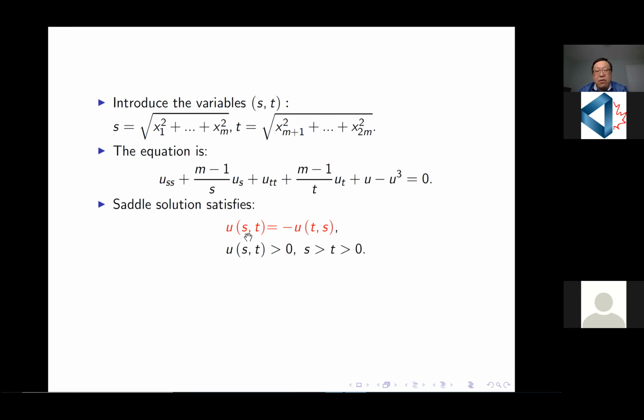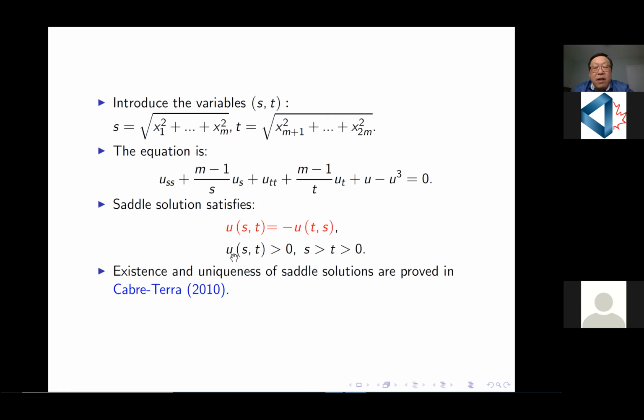So what is the saddle solution? The saddle solution is a solution that when you switch s and t, the solution gets a minus sign. Otherwise, your solution vanishes exactly on the so-called Simon's cone. The existence and uniqueness of this saddle solution were proved by Cabré and Terra in 2010.